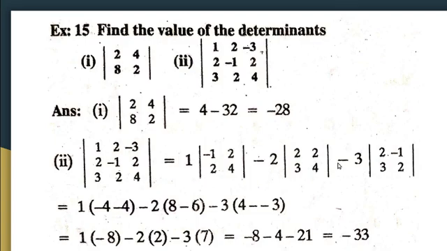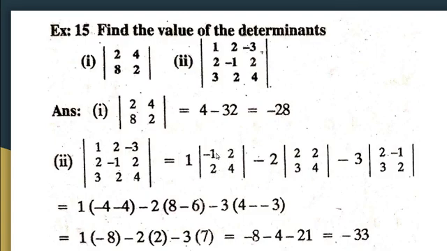Then you have to consider the third element, that is minus 3. Then strike off the row and column, then find the determinant of the remaining values, 2, minus 1, 3, 2. Then in symbol form, a 2 rows 2 columns determinant. So 1 into minus 4, minus 4.